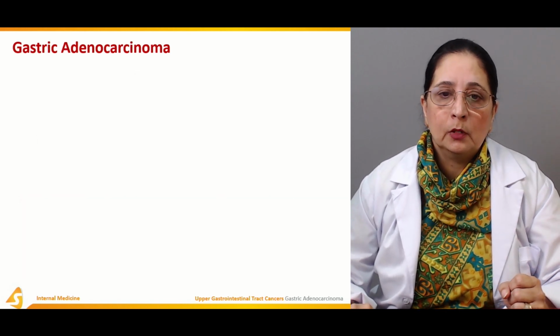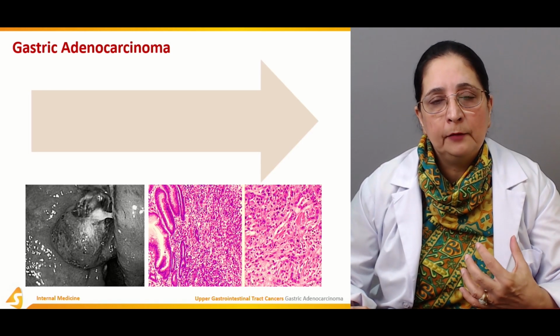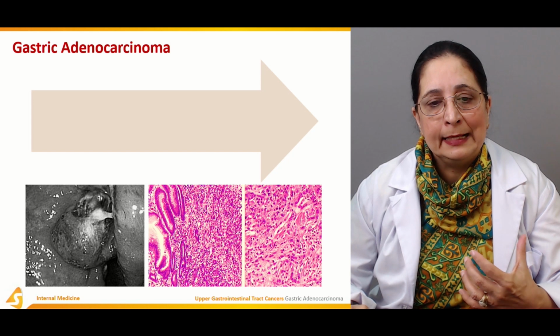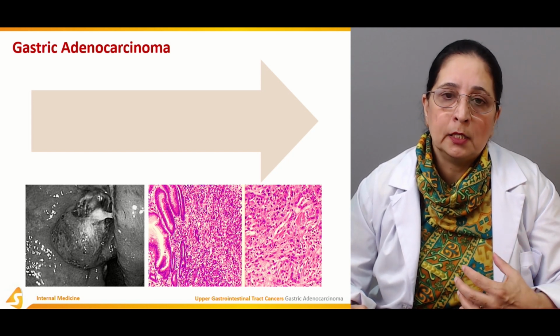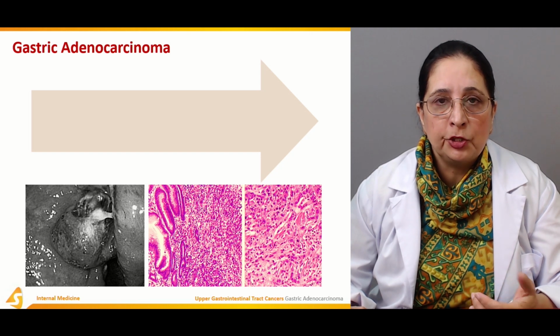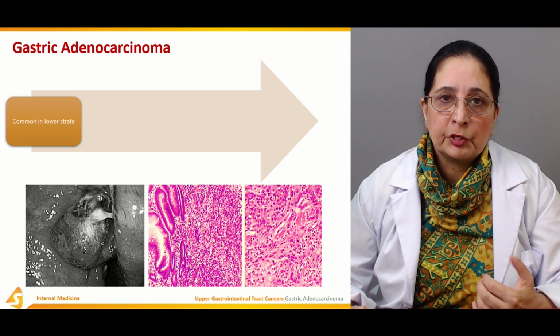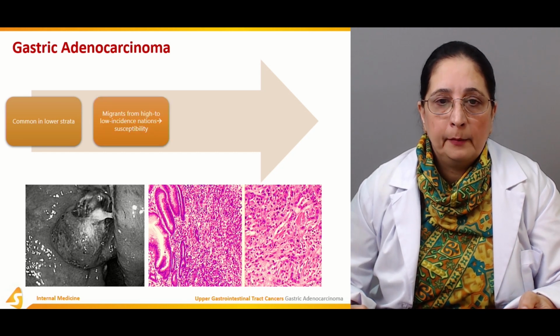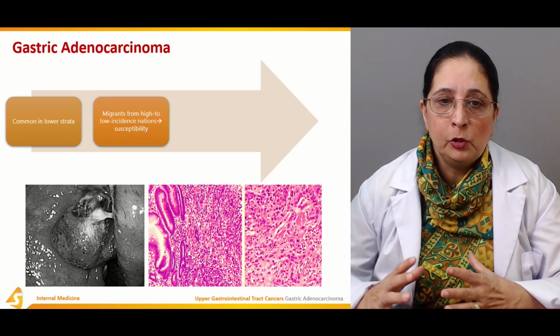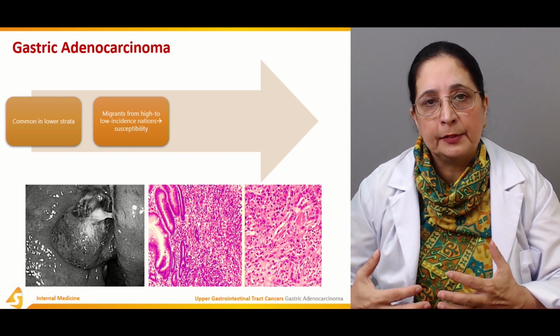Gastric adenocarcinoma. Adeno is the term used for the gland. So this adenocarcinoma develops from the glandular tissue of the stomach. Common in lower strata. Migrants from high to low incidence nations have increased susceptibility.